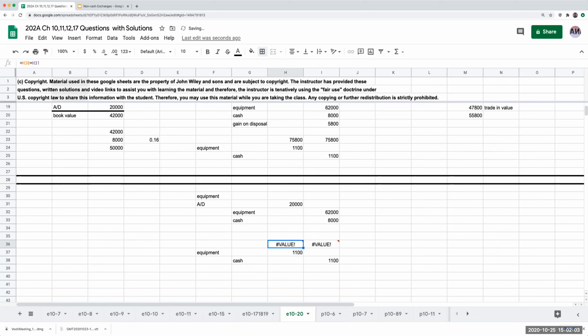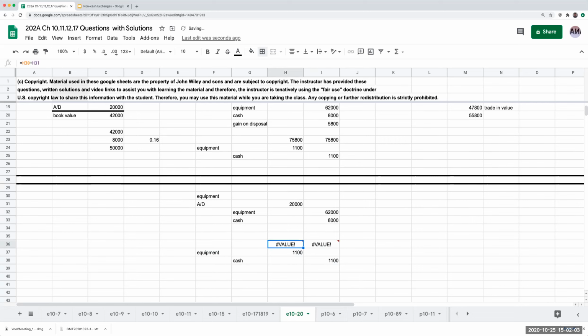So let's walk through this. I'm paying $8,000 cash. I have to get the old equipment off my books, so I'm crediting equipment and debiting accumulated depreciation on equipment. I'm giving up $8,000 cash.